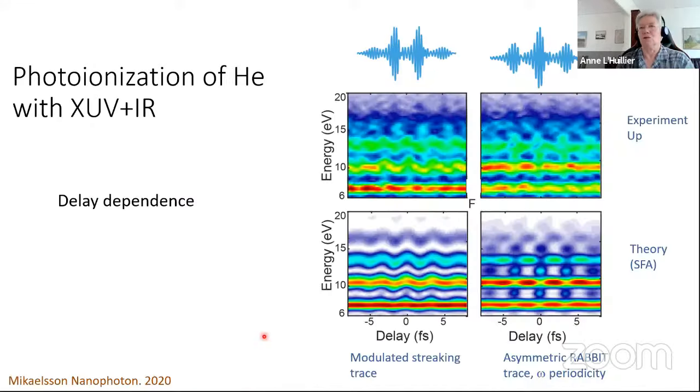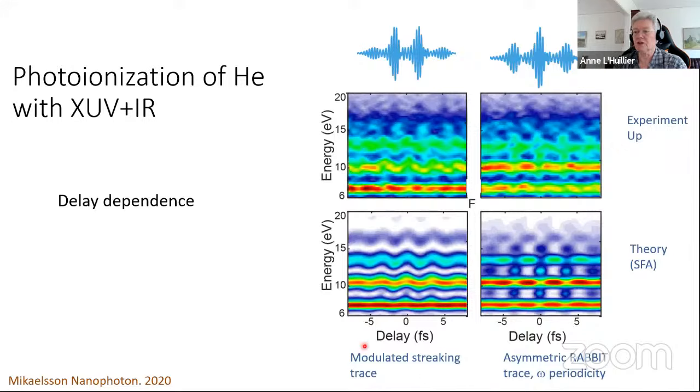So finally, you wonder, what happens when I vary the delay between the infrared field and the XUV field? Well, these are the results. On the top are the experiments, and on the bottom are simulations using a strong field approximation method. And what you see in the 2 pulse case is some oscillations, so no sidebands, but oscillations.